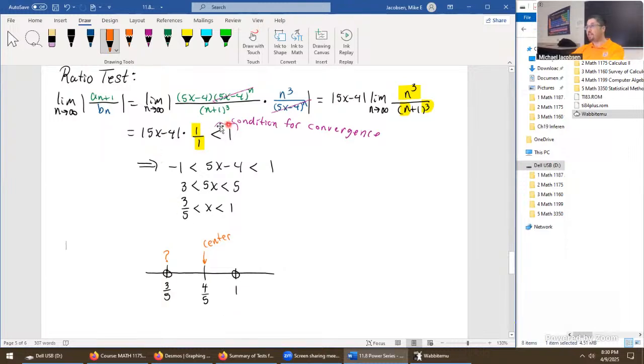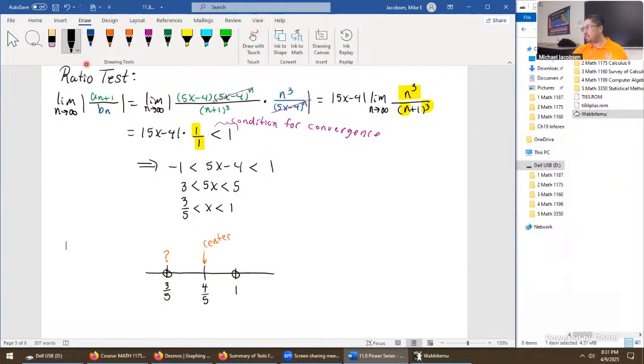You could actually spot the radius. If you have a 1 here and a 5 there, the radius is automatically 1/5, but that's a confusing thing to say. The shift of +4, -4, anything like that doesn't affect the radius. It's the factor right there. But now it's easier to see. The distance from 3/5 to 4/5 is 1/5. That's automatically your radius.